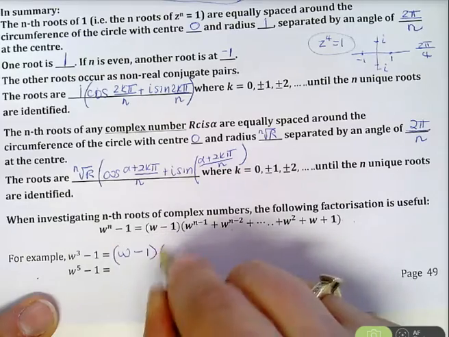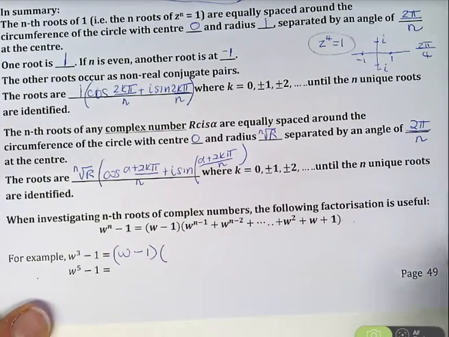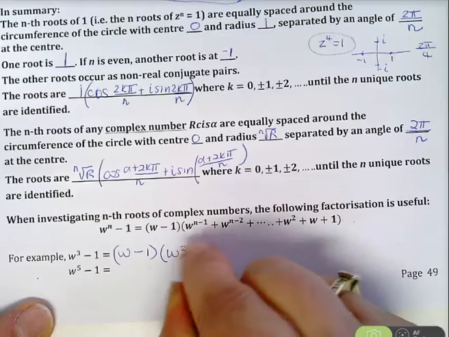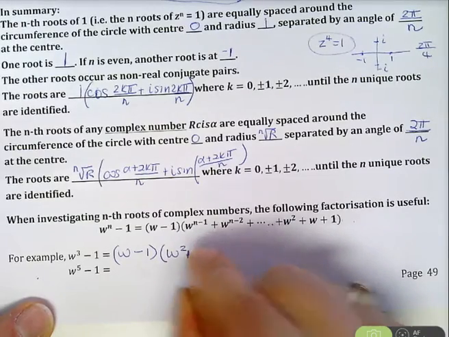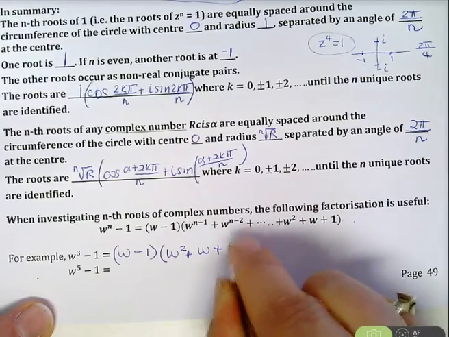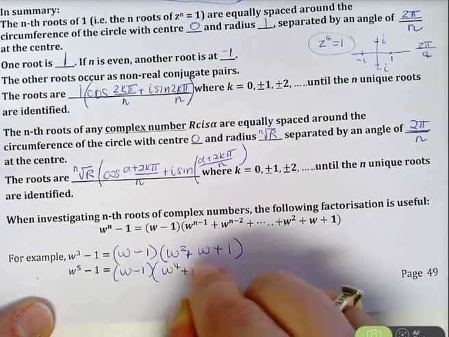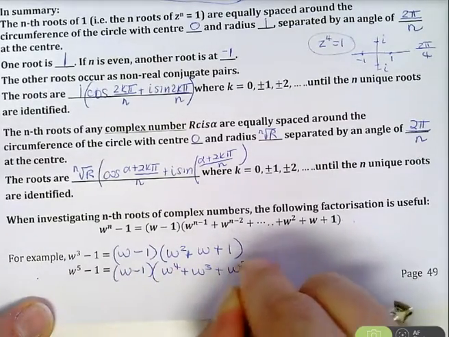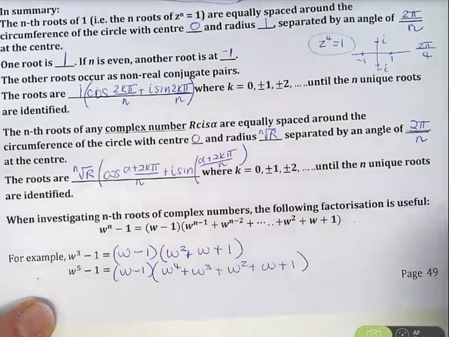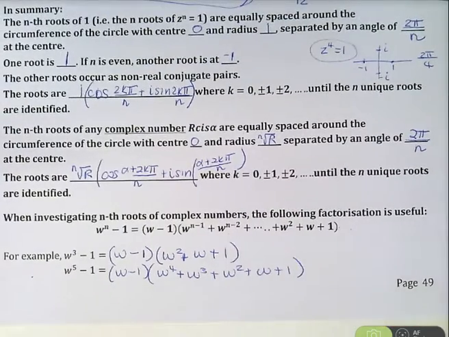For w cubed minus 1, this is a difference of 2 cubes, that would be w minus 1 times w squared plus w plus 1. This would be w to the power of 5 minus 1 equals w minus 1 times w to the 4 plus w cubed plus w squared plus w plus 1. So that's just a useful factorization that you'll need to know.